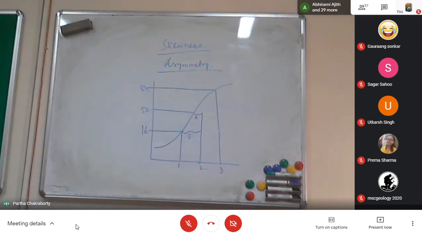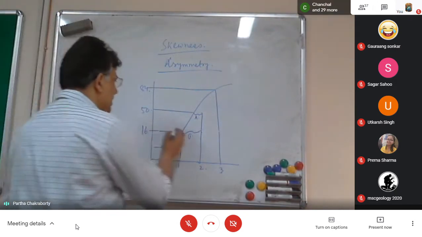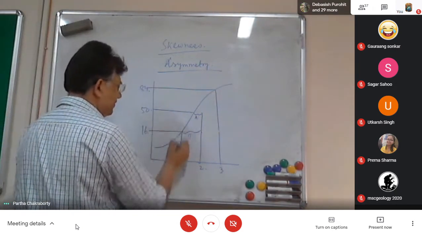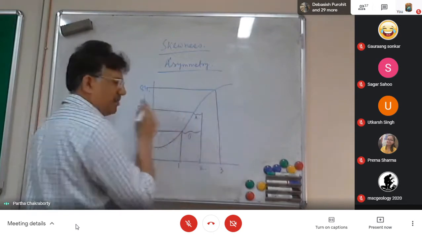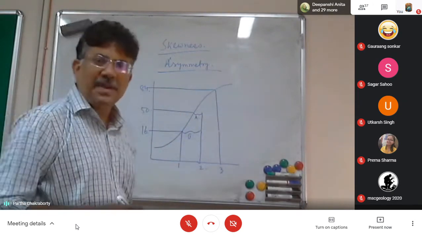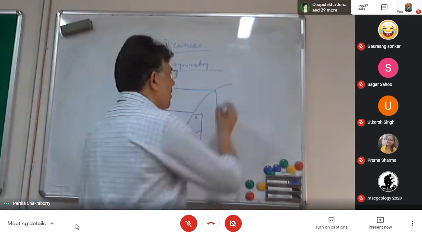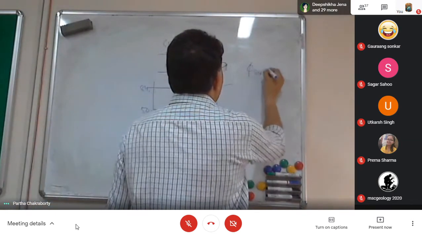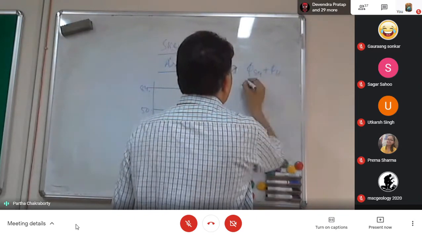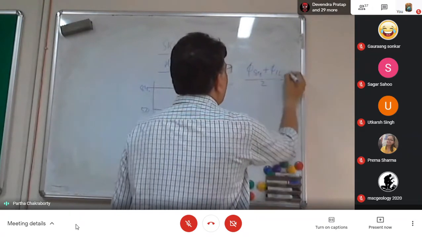Now this is an asymmetric curve. How do I quantitatively determine the asymmetry of the curve? Now, this is phi 16 and this is phi 84. If it is a normal curve, then (phi 84 plus phi 16) by 2 should be equal to phi 50.